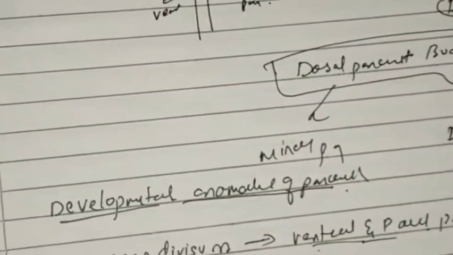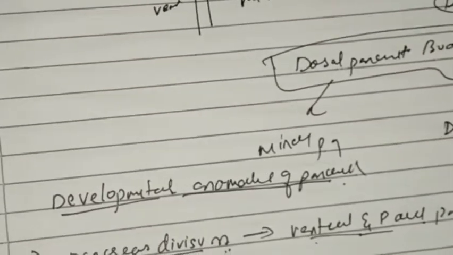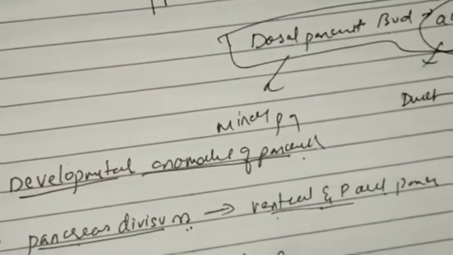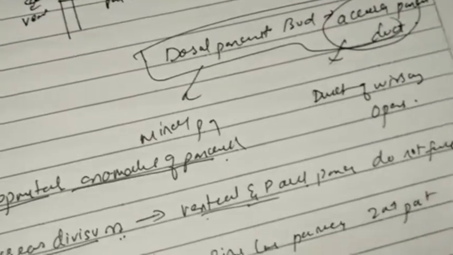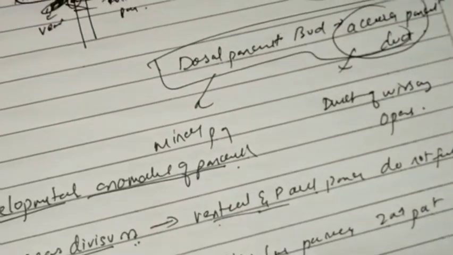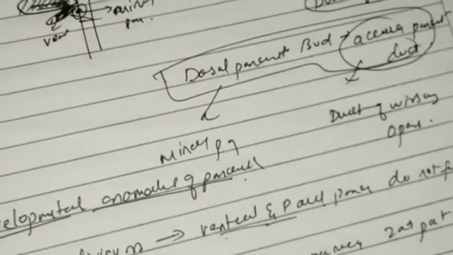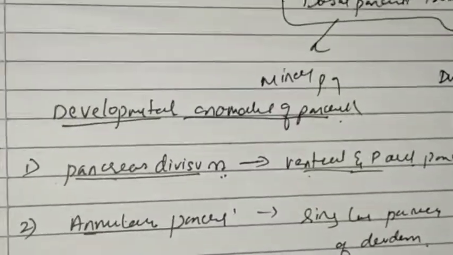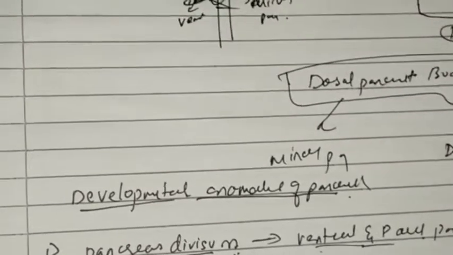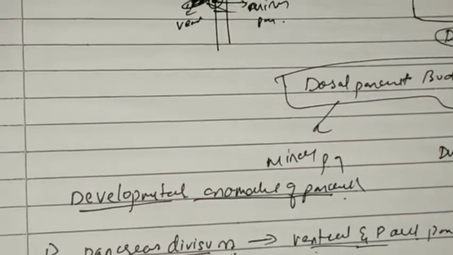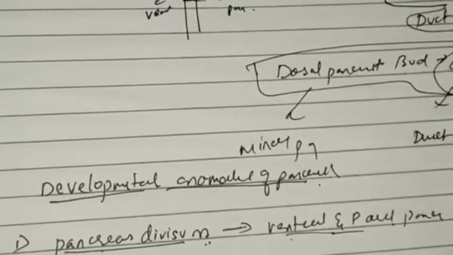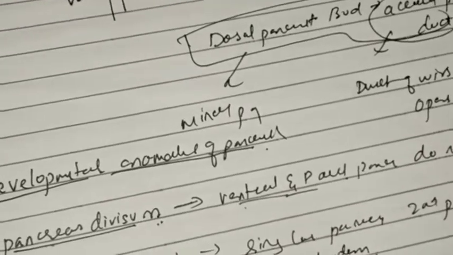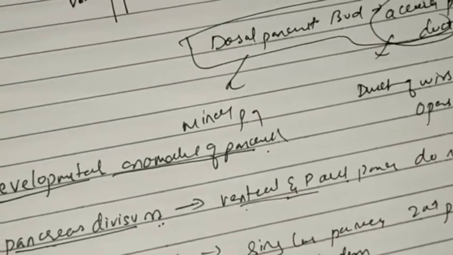Next is annular pancreas. It is a ring-like pancreatic tissue that develops around the second part of the duodenum. Next is inversion of pancreatic ducts. We have main pancreatic duct and accessory pancreatic duct.